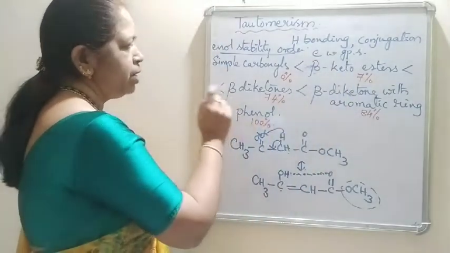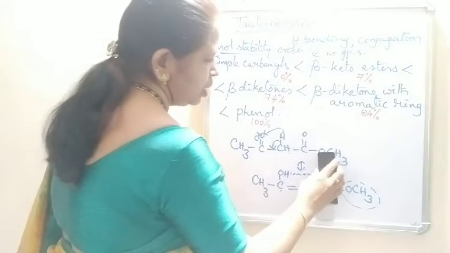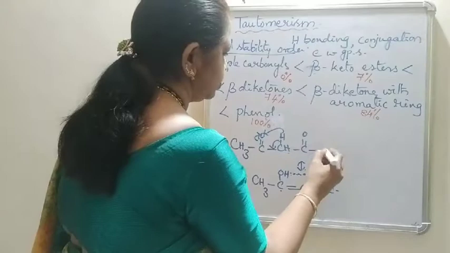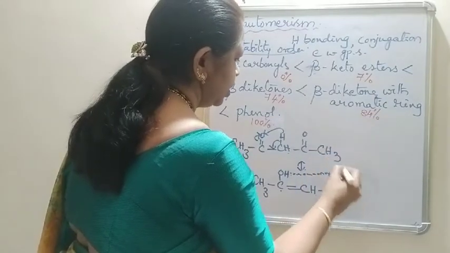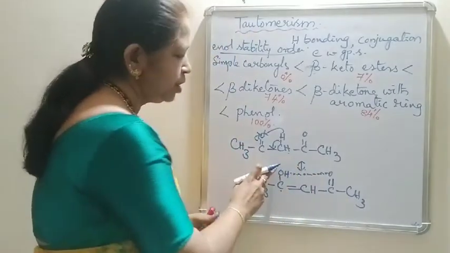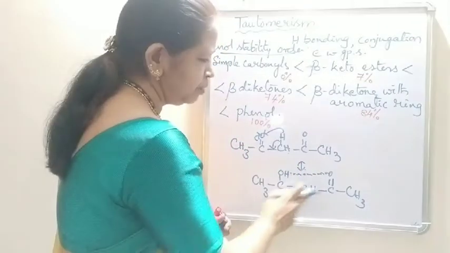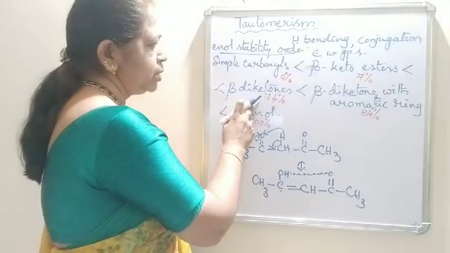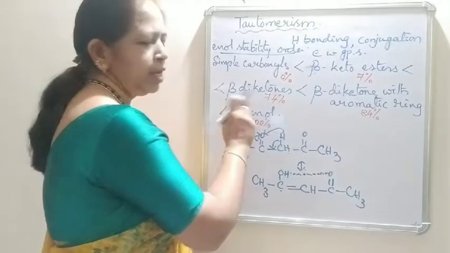If we see a beta diketone, what is this beta diketone? In place of OCH3 here the methyl group comes, CH3 and CH3. The remaining, the formation of hydrogen bonding and formation of conjugation, everything is same, but the stability is increasing to 74% in beta diketones.